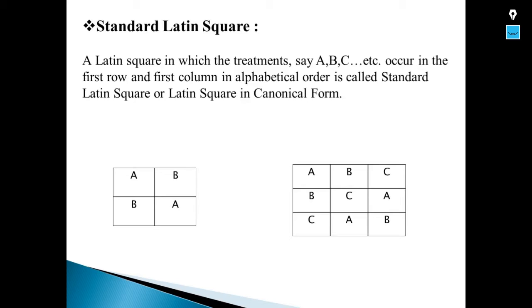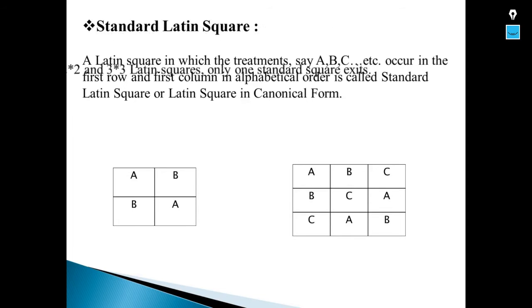So when we have different treatments A, B, C, and we assign these treatments to the first row and first column in alphabetical order, then such a type of square is nothing but a standard Latin square.